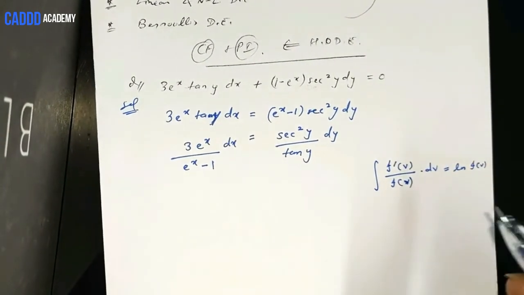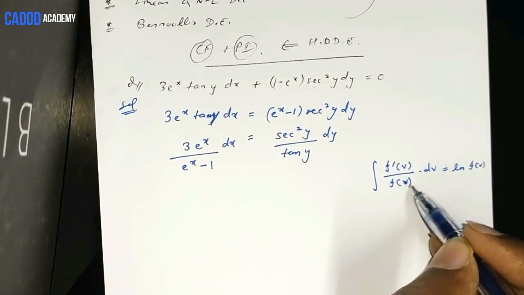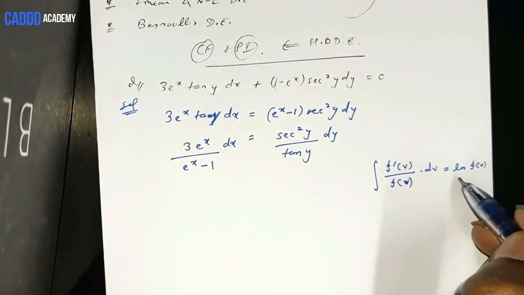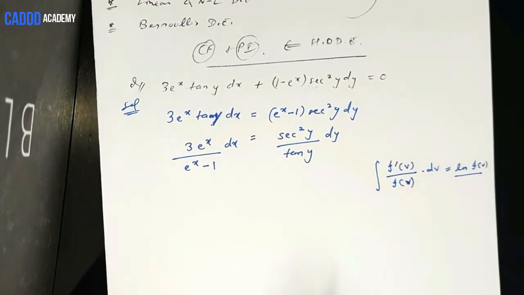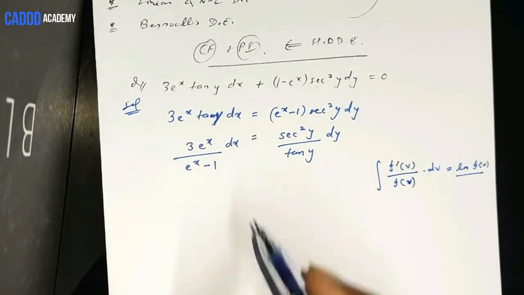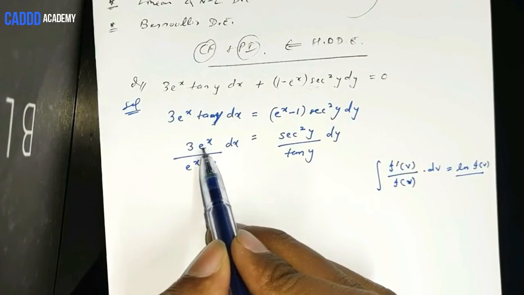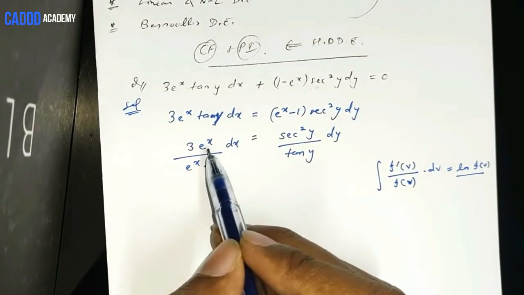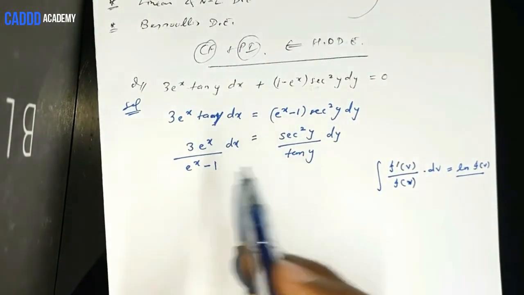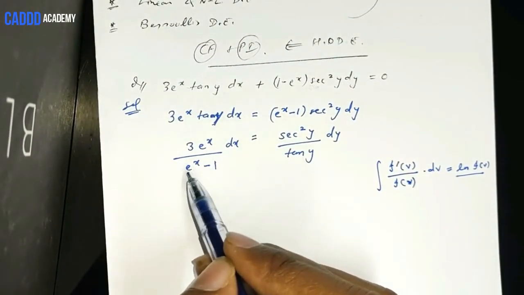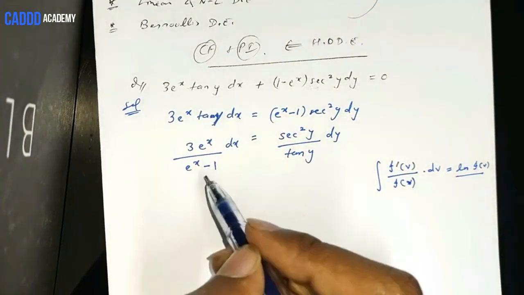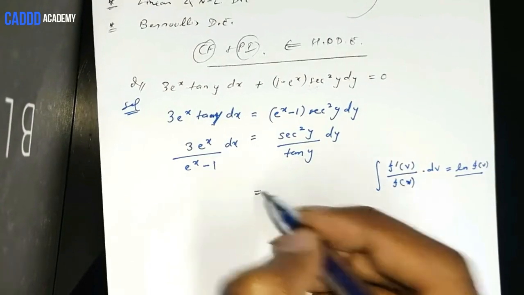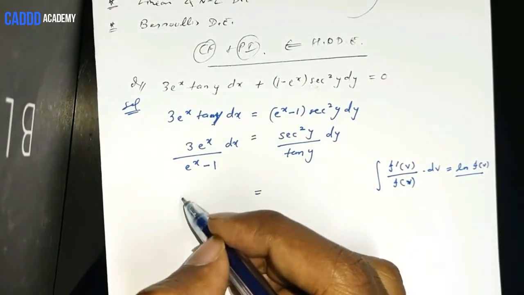So what we wrote, like we have f of v here, we have above in the numerator the differentiation of that function and we can write it as ln f of v, okay? So here we have what? This is e to the power x and this is e to the power x minus 1. This function's differentiation is what? E to the power x, because we know e to the power x differentiation is just e to the power x and this constant's differentiation gets to 0.